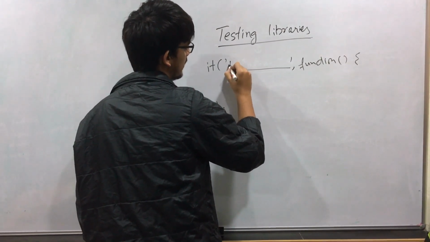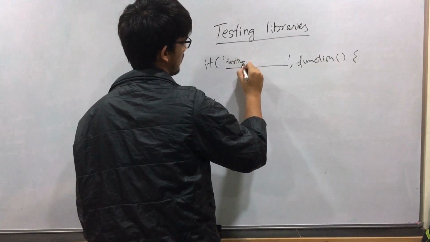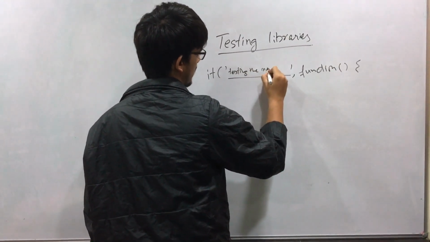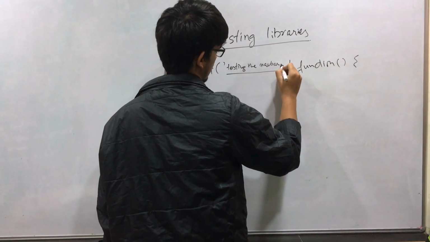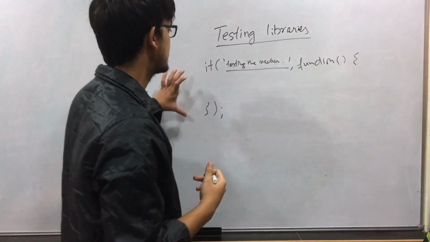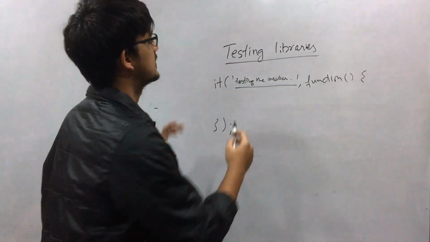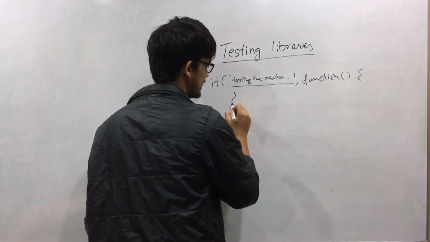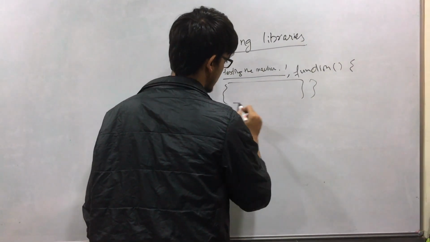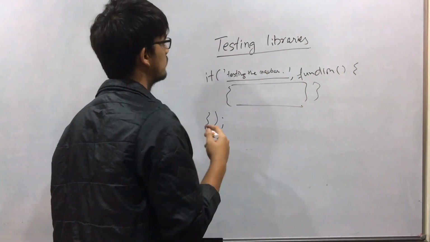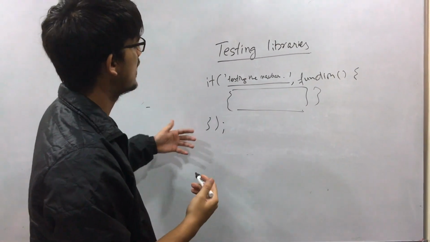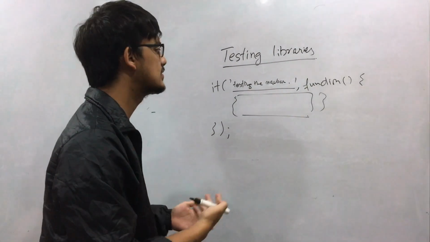Let's say testing the nav bar. So this single test case tells me that it is testing the nav bar, and inside this, I can write the logic for this test case. And then Mocha would run this test case, and it will tell if this test case passes or fails.